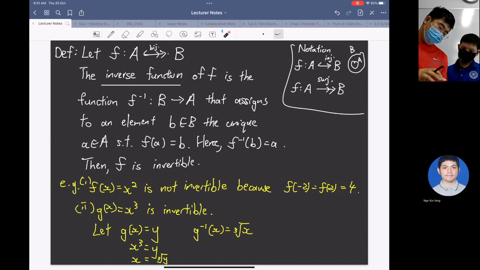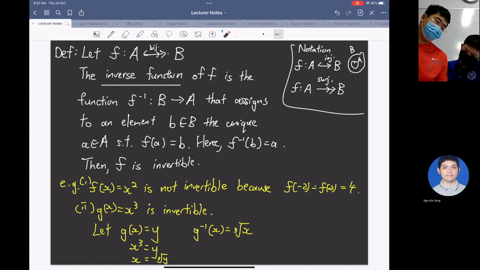Or I say that x1 is bigger than x2 and bigger than 0. So I use g(x1) minus g(x2). I just need to prove that this is always bigger than 0.